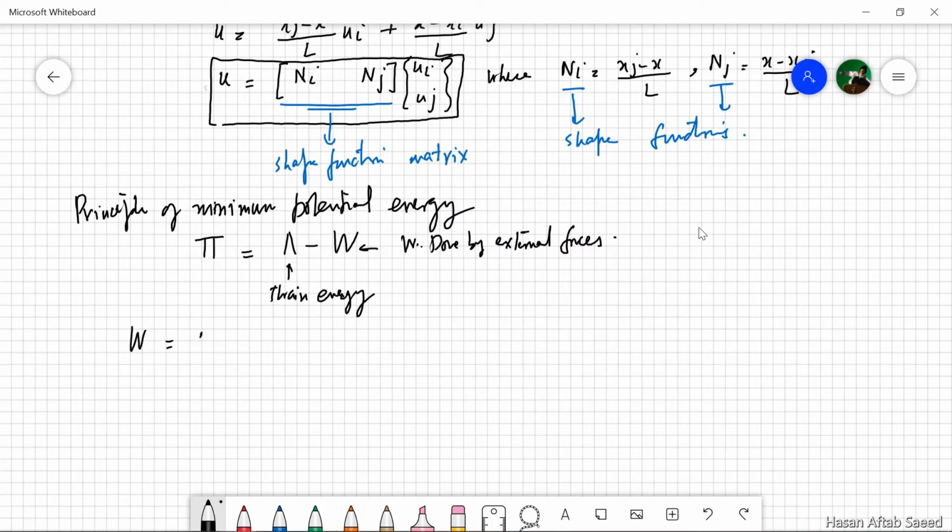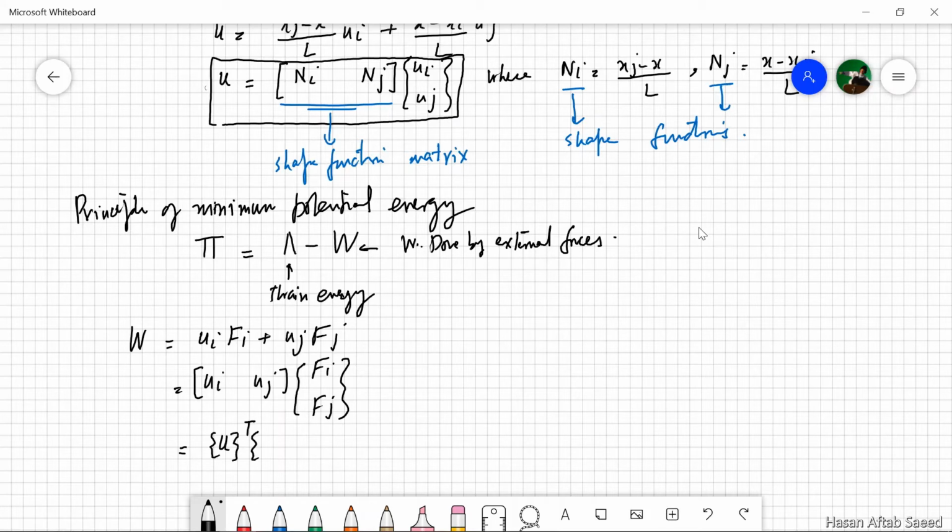W is equal to ui Fi plus uj Fj, which can be written in matrix form as [ui uj] times [Fi Fj], or symbolically as u transpose F, where u is the vector of nodal displacements and F is the vector of nodal forces.